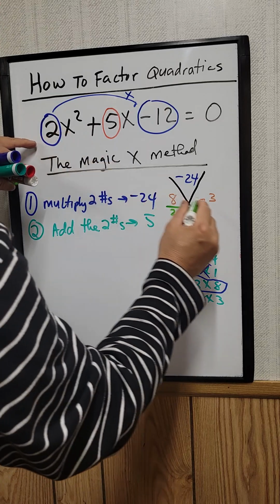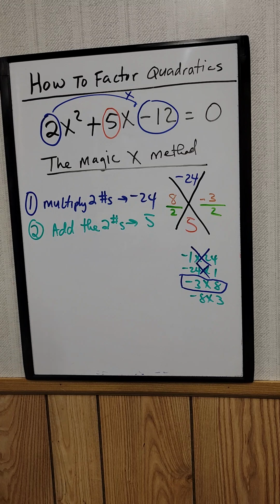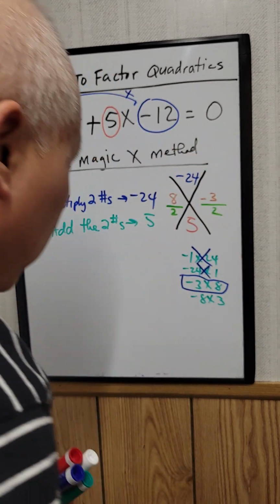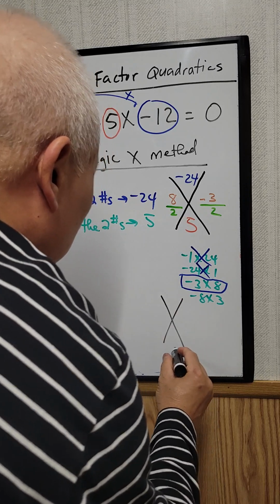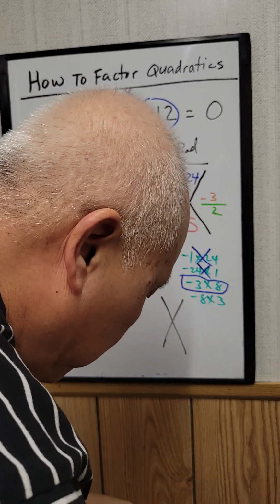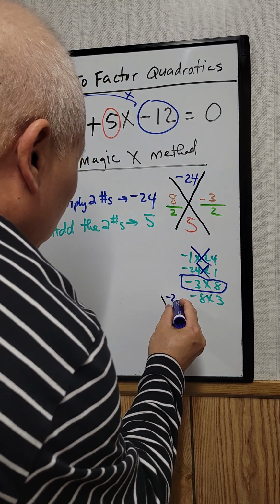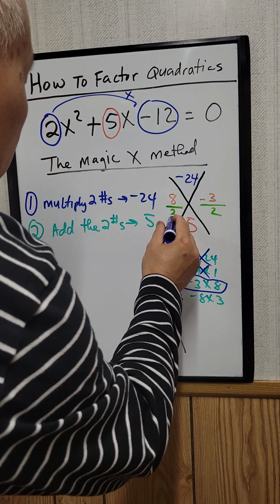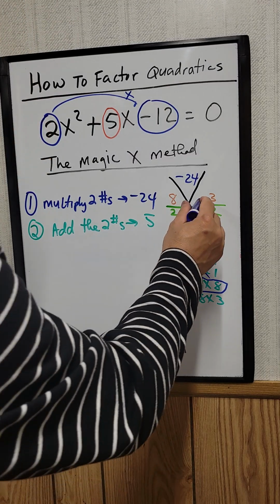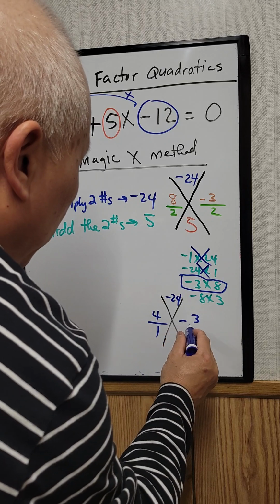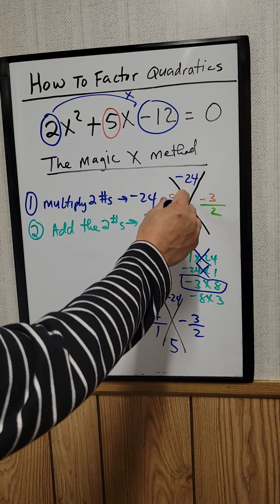Okay, the leading coefficient right here, divided by 2. All right, and then we can simplify. So 8 divided by 2 will be 4, and then we put 1 on the bottom, and then negative 3 over 2. That's the simplified form from here.